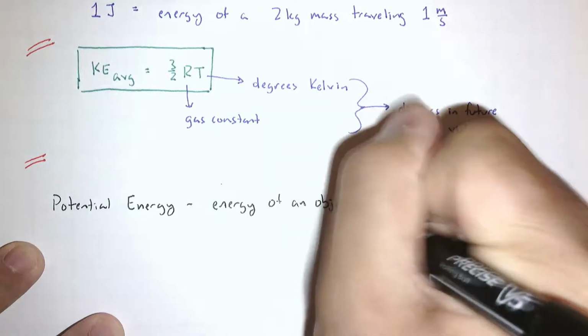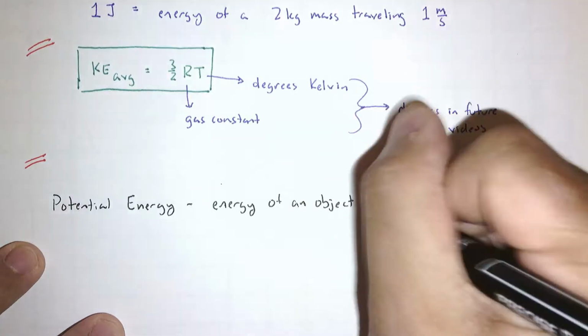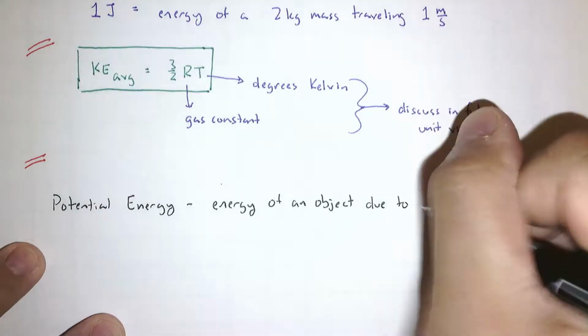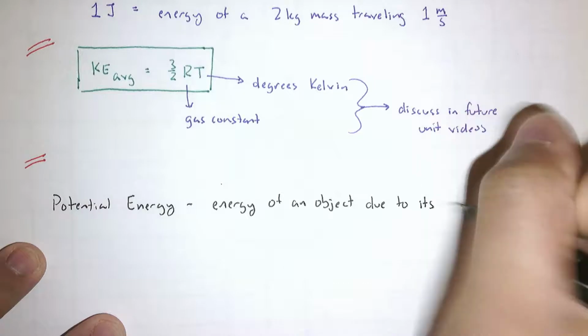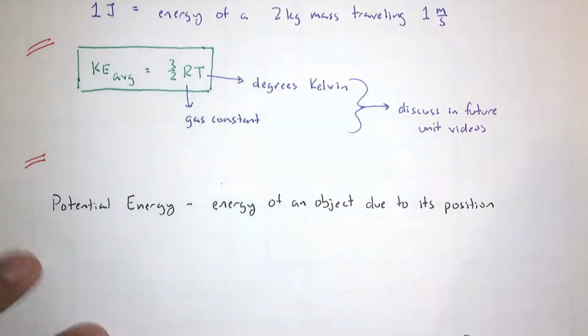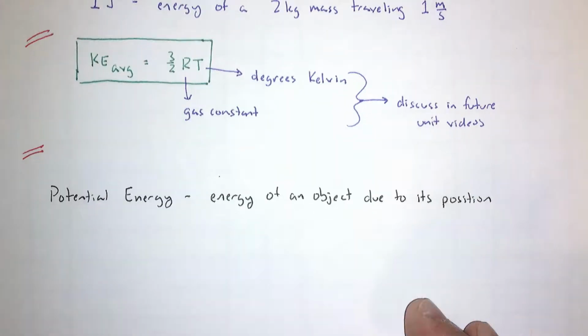But from physics, you know that if you have a ball up on top of a hill, it has a lot of potential energy. It has the potential to create energy, in this case, kinetic energy.